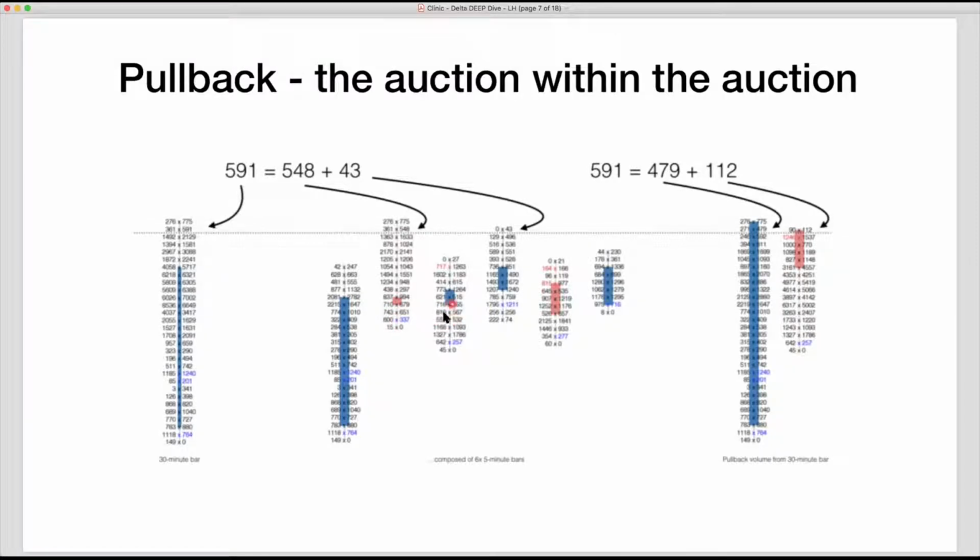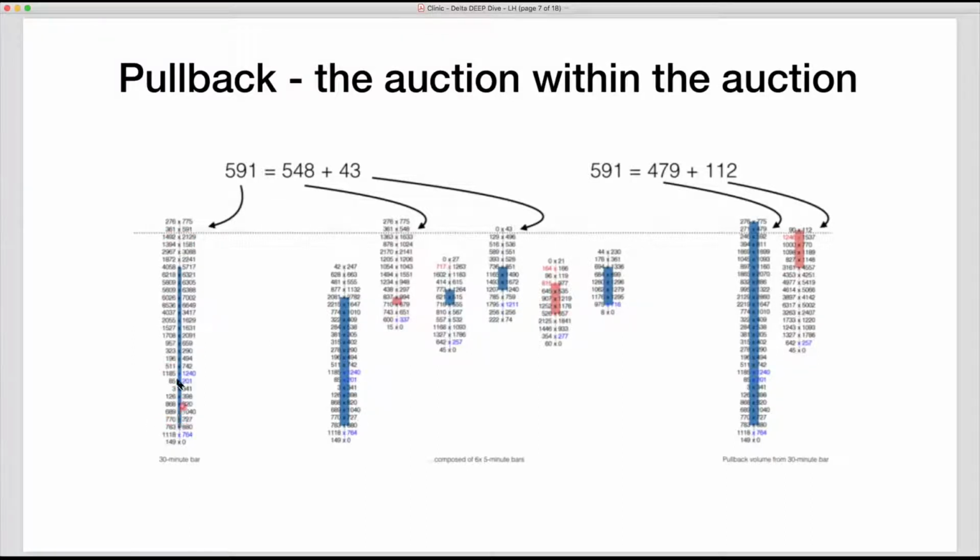We then chopped around a bit in the third 5 minutes. Now look at the fourth 5-minute period. We opened and went back up to a price level where we traded at 9:10. So at the second price level from the top in this 30-minute candlestick, our volume print is 361 by 591.